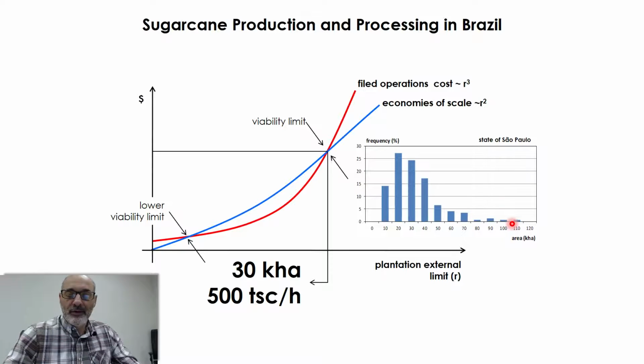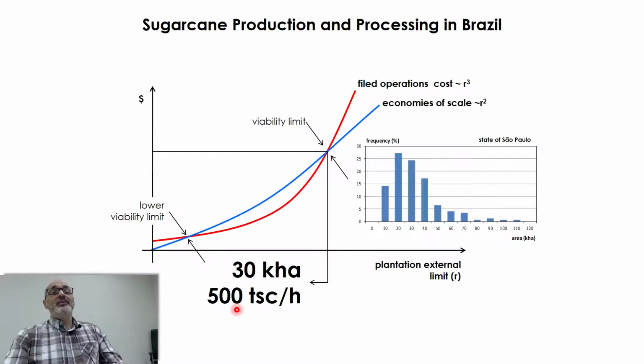When you have good logistics, these red curves increase slowly, so your viability limit is larger. So you can have larger operations, but the majority here in São Paulo processes 30,000 hectares, which corresponds in terms of processing rate to 500 tons of sugarcane per hour.